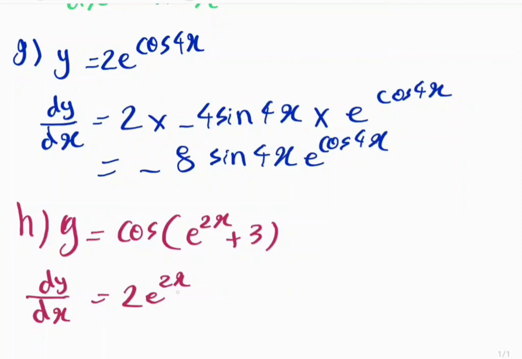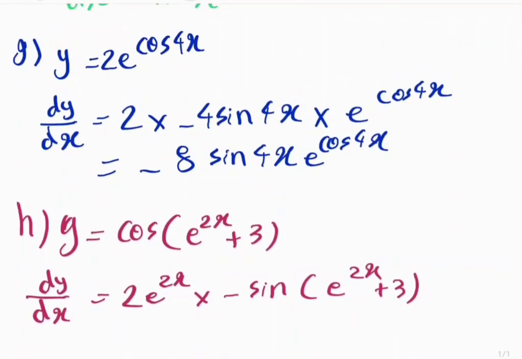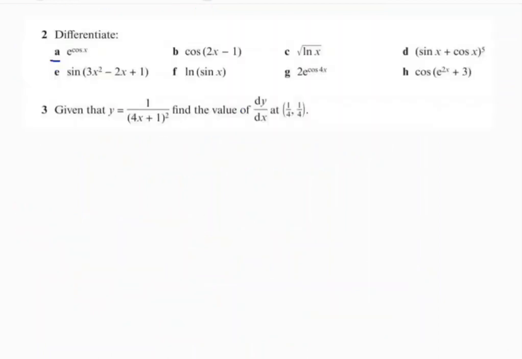And then these times cos, so cos differentiates to minus sine and inside, which is e to the 2x plus 3. And we can simplify this to write it like minus 2e to the 2x sine(e to the 2x plus 3). And that's it.